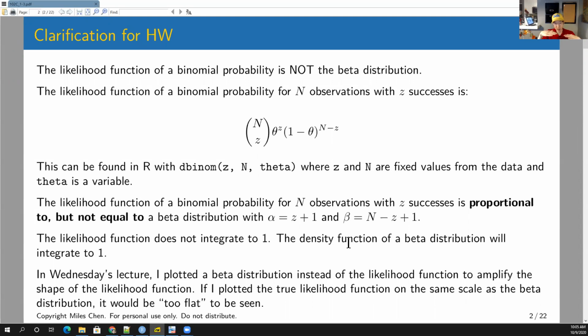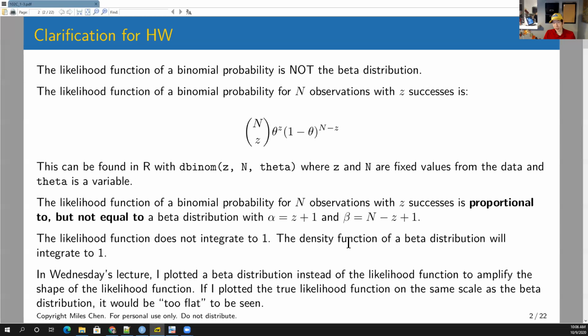The likelihood function has a much lower peak than the PDF, so if I plotted them together, the likelihood would appear very flat and hard to picture. So I took some artistic license and plotted something proportional to the likelihood function, but it's technically not the likelihood function.